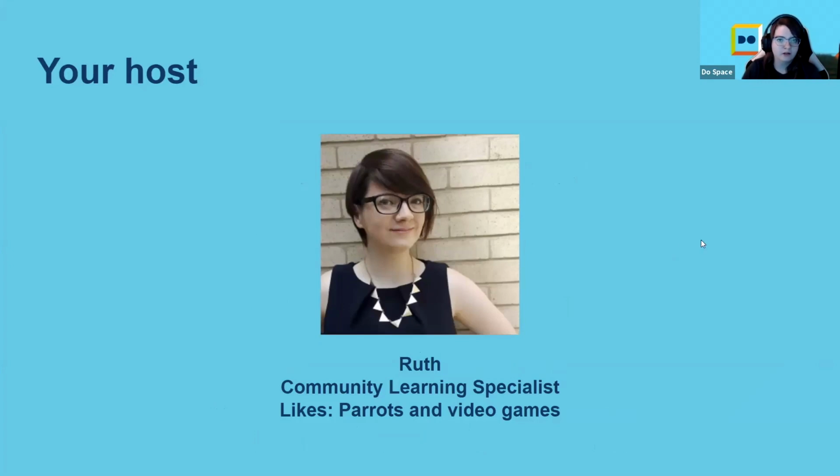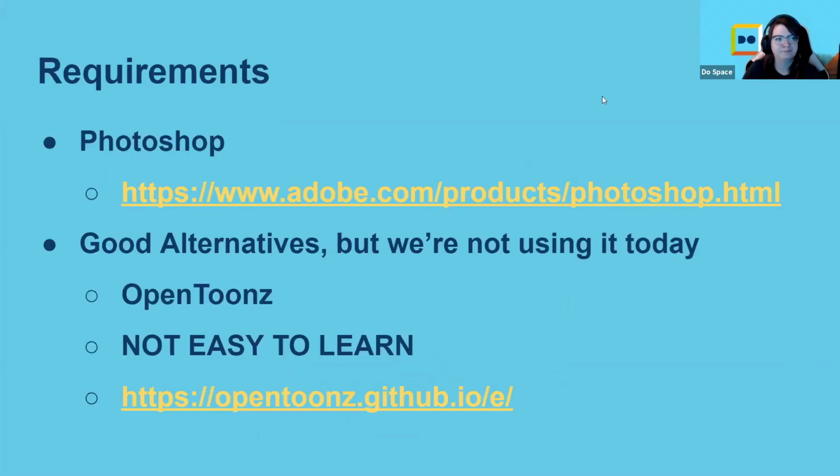Earlier today, we had a little webinar with another person at DoSpace named Allie on how to get started drawing digitally. You do not need a tablet to do animation in Photoshop, but if you're looking at tablets, this one right here is the Wacom Intuos.